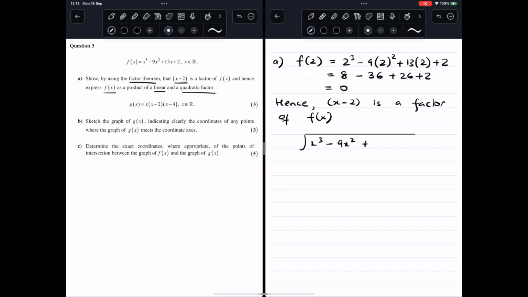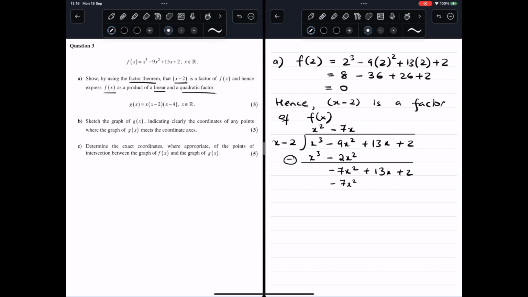I'm just going to set up my bus stop method, well, long division method. So x squared gives me x cubed minus 2x squared. Taking them away will give me minus 7x squared plus 13x minus 2. I'm just going to finish this off as you guys could probably easily follow, and it'll give me minus x plus 2.